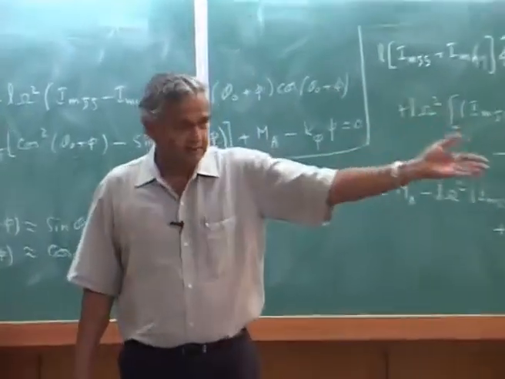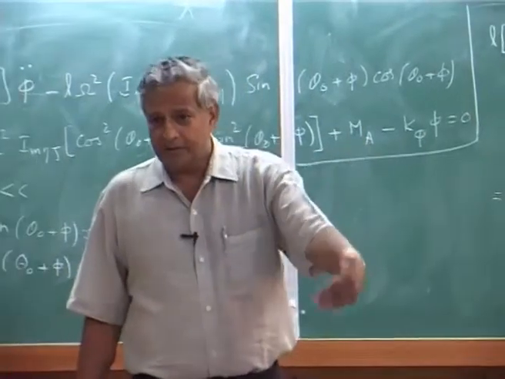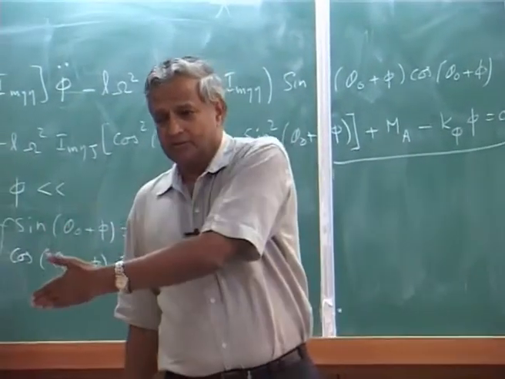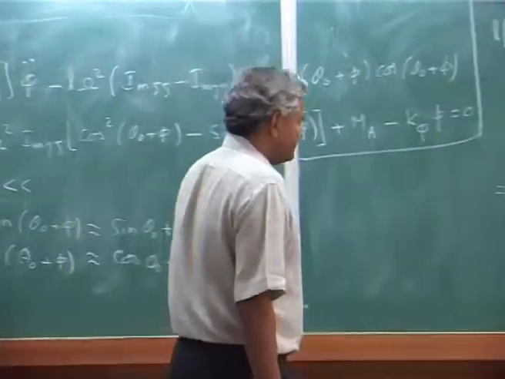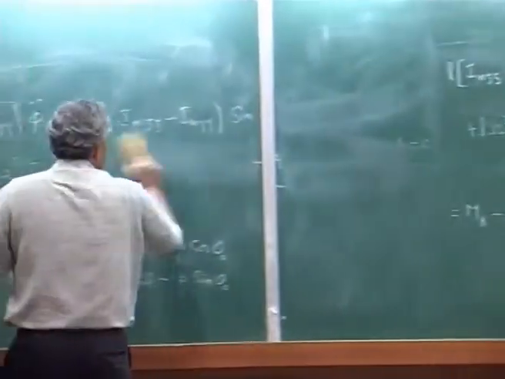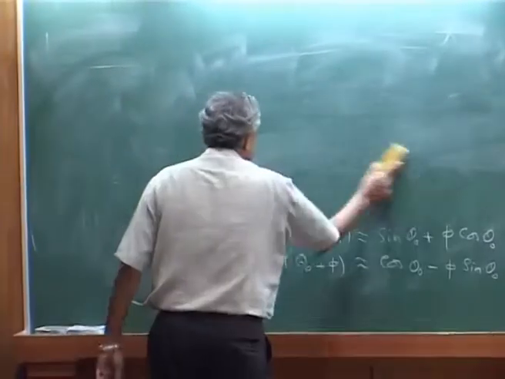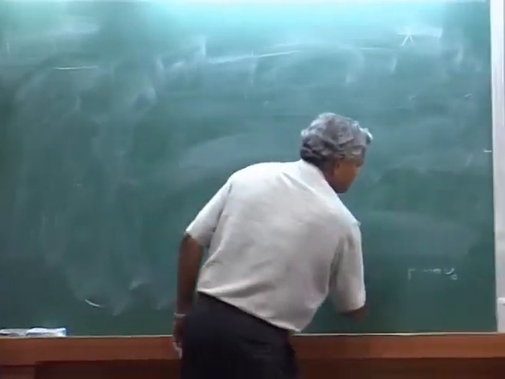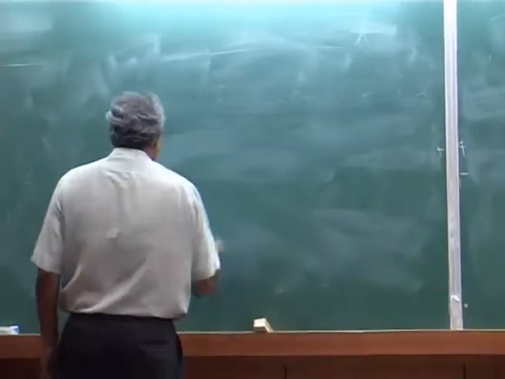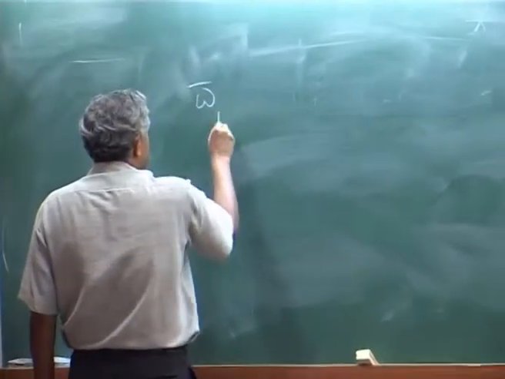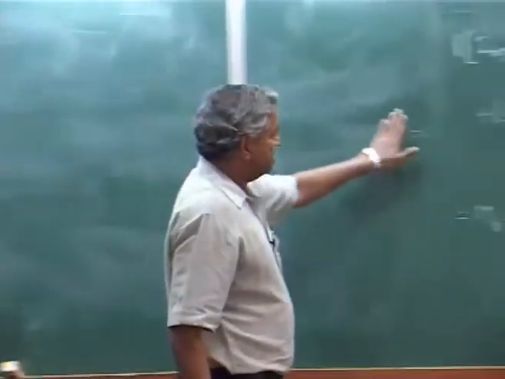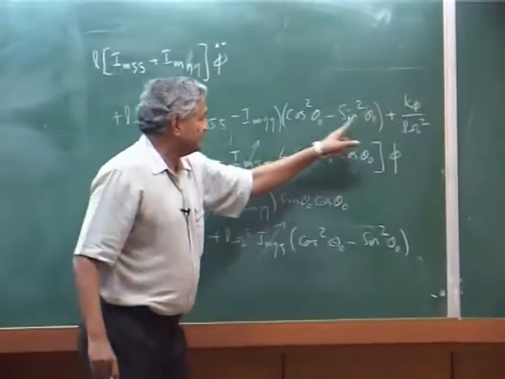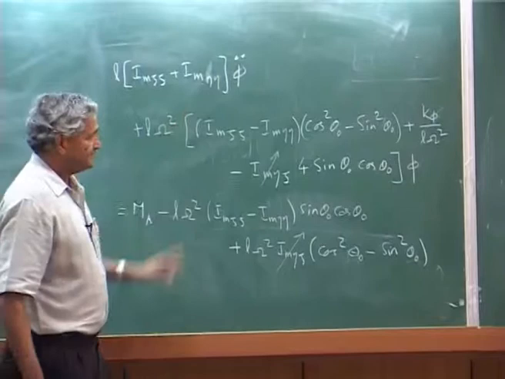Like you have the flap frequency, you have the lag frequency, now you have the torsion frequency. If you take the torsion frequency, omega r, you have the stiffness term, you have the mass term, so you will have omega bar. That will be essentially this term divided by this term.